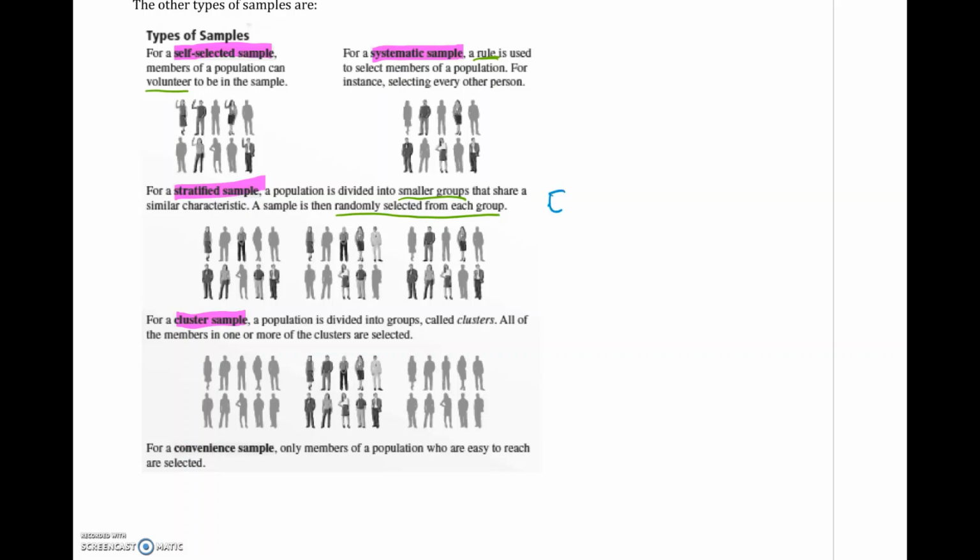So let's say you're looking at an entire neighborhood, and you're going to pick a cluster. So let me actually write that down. For example, if you're looking at an entire neighborhood, and you're trying to study the inhabitants of that neighborhood, you might have your cluster be everyone on my own block.